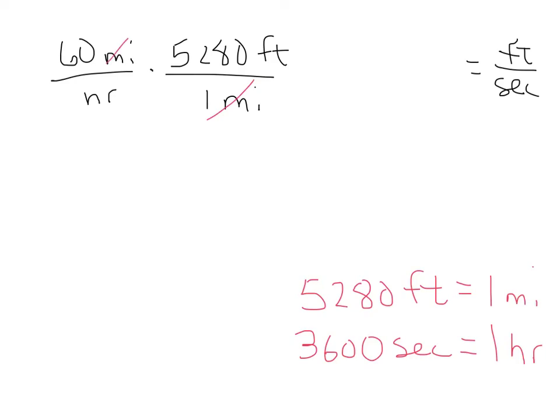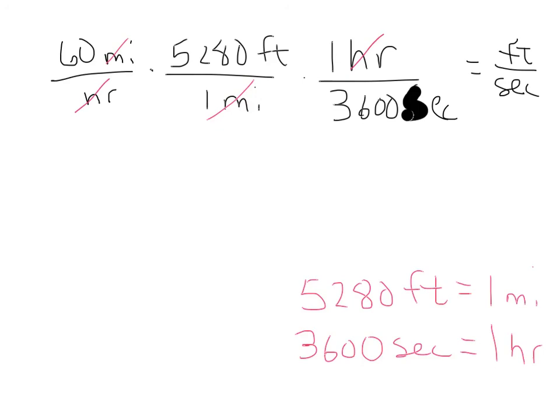So we have that many feet per hour. But we want to get into feet per second, so we can multiply by 1 hour per 3,600 seconds, allowing us to cancel the hours, leaving us in feet per second.